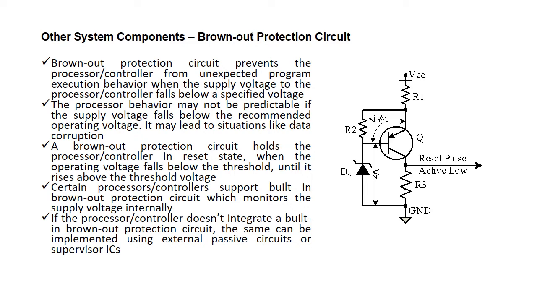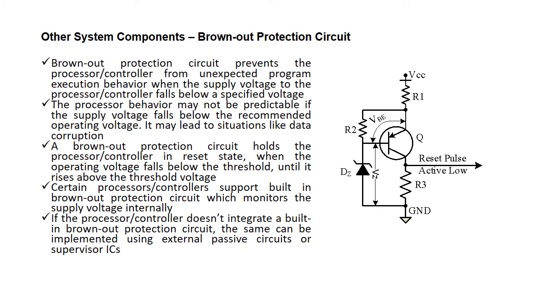A brownout protection circuit holds the processor or controller in a reset state when the operating voltage falls below the threshold, until it rises above the threshold voltage. Certain processors and controllers support a built-in brownout protection circuit which monitors the supply voltage internally.